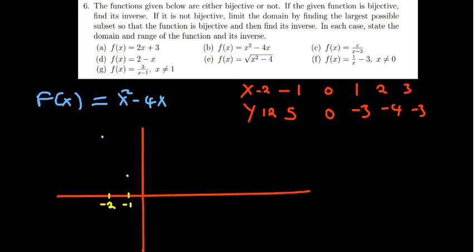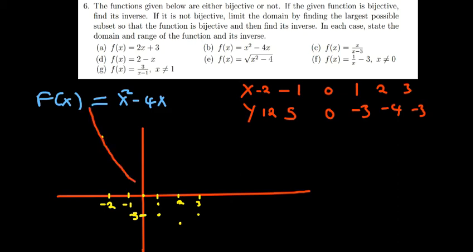And then of course if you try a 0, it is giving us a 0. And then if you try a 1, a 1 is giving us a negative 3. And then if you try a 2, giving us negative 4. If you try a 3, it is negative 3.